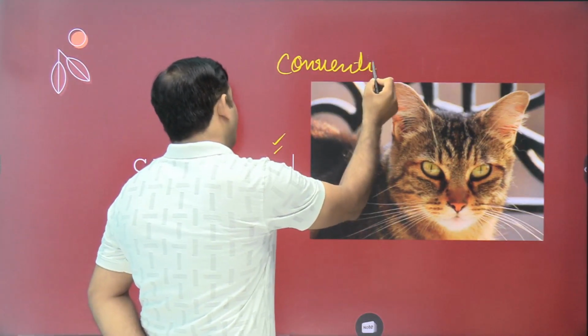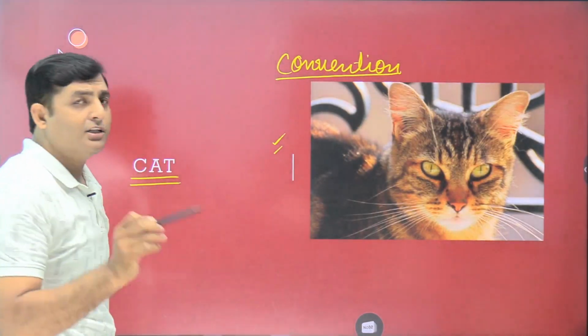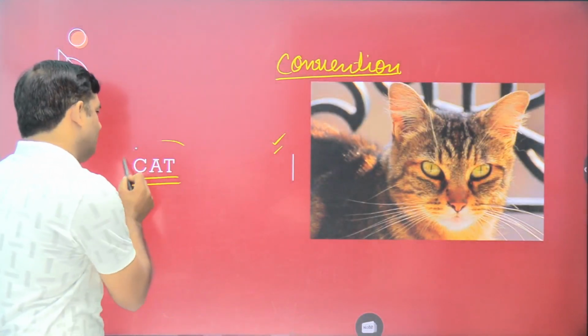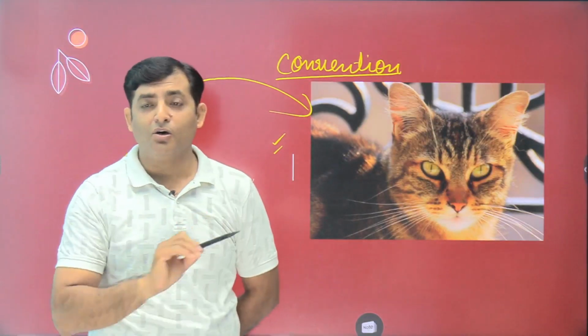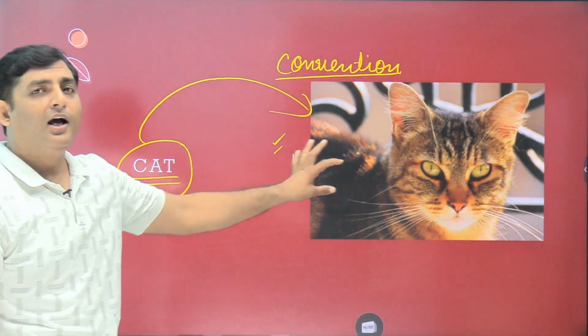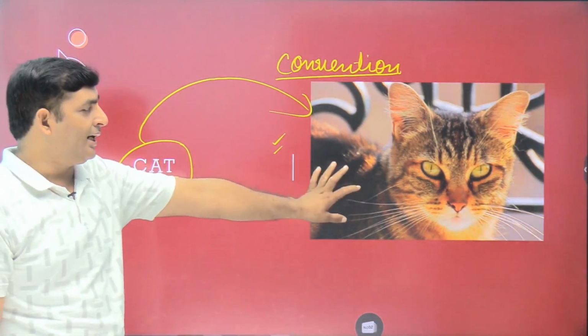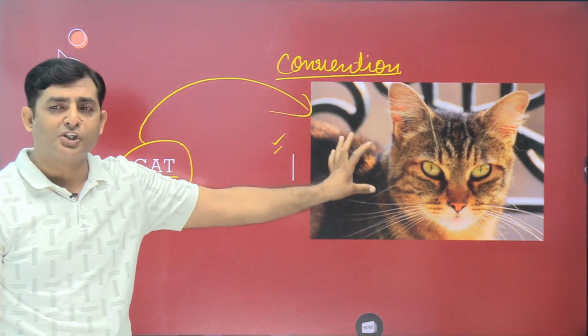Only through convention do you know that this is a cat, and there is no relationship between the word cat and the picture of the cat. There is no relationship at all between this image and this word. The meaning comes through convention only.